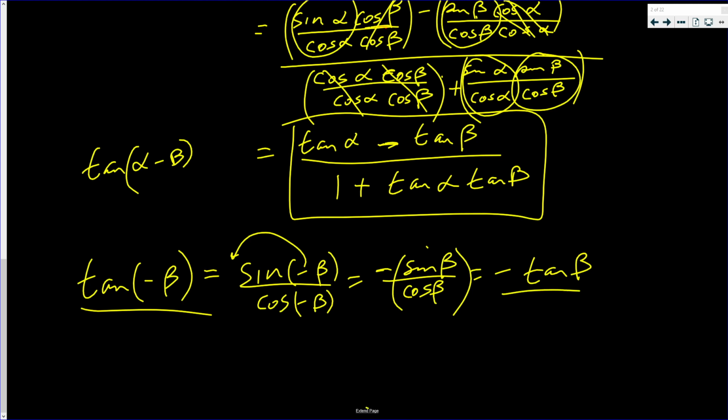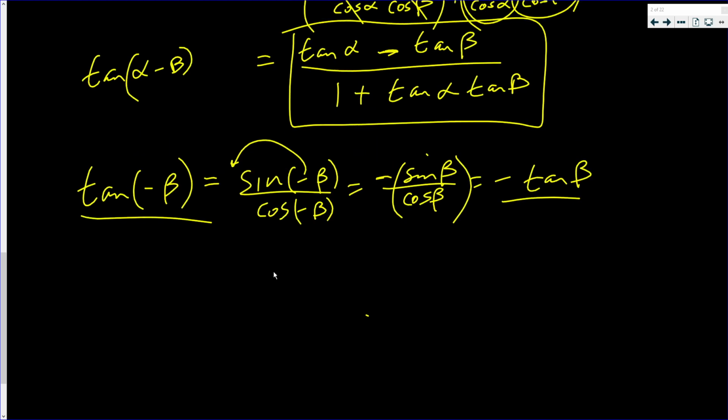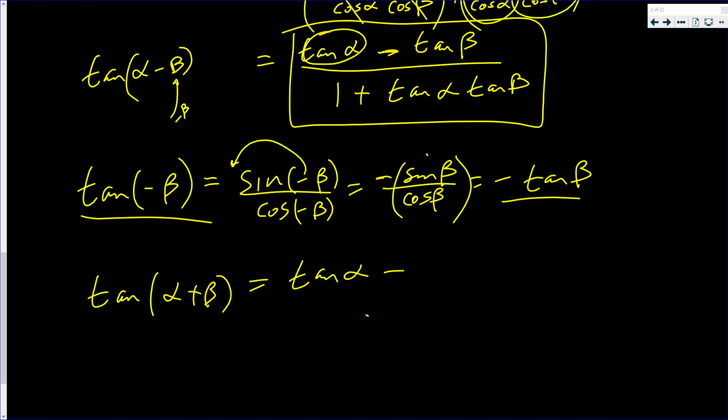Okay, so let's get the equivalent of the other two formulas for tangent. What is tangent of alpha plus beta? That is, I'm going to replace beta with negative beta. So I get tangent alpha minus the tangent of negative beta. But the tangent of negative beta is negative tangent beta.